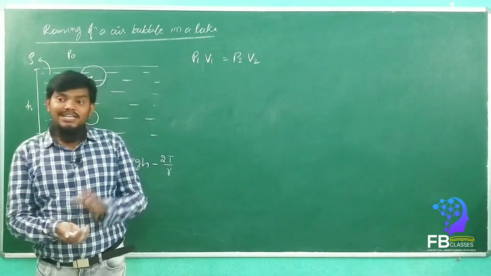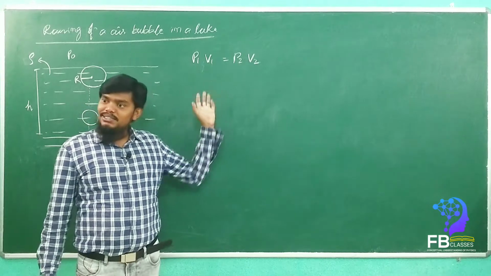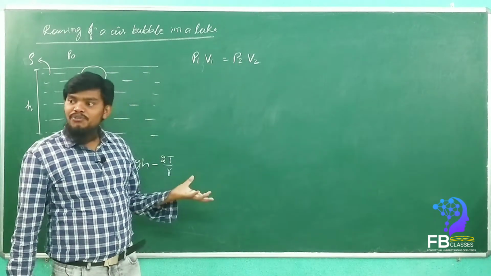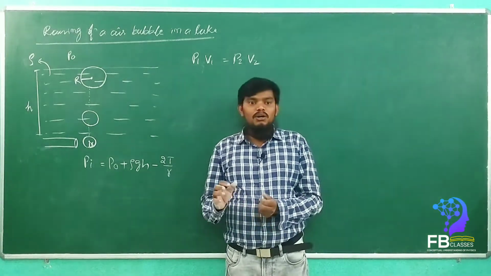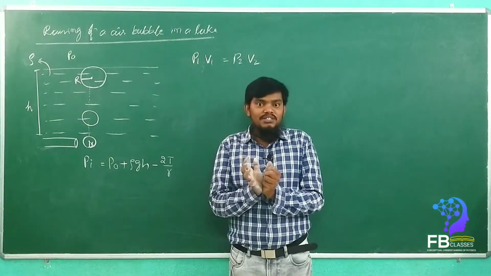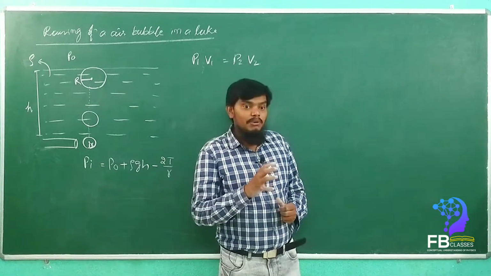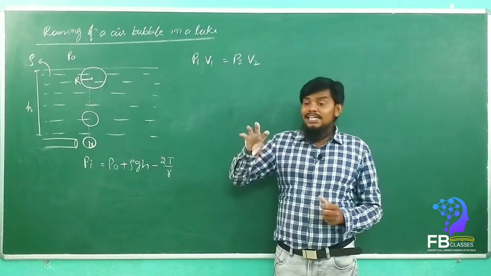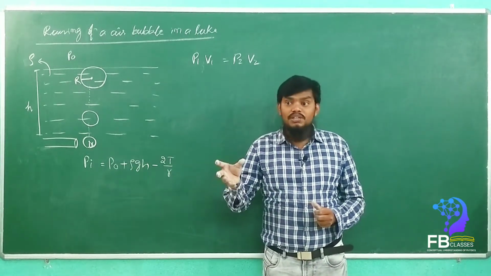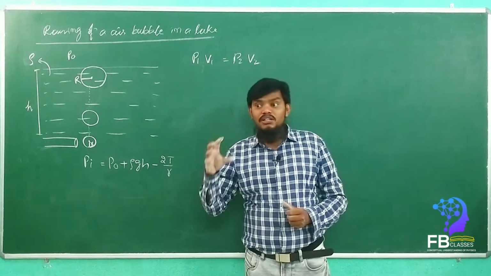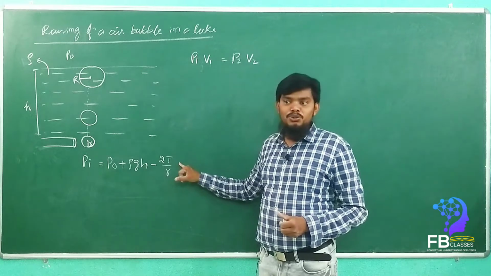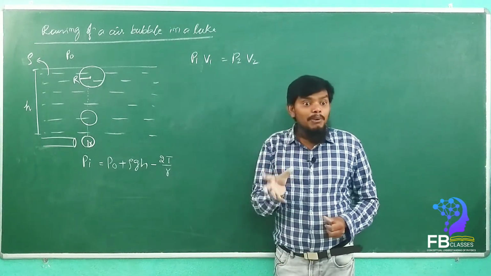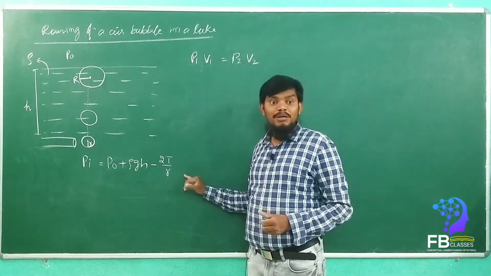Are you getting my point? Why did I say that in the previous equation? Instead of memorizing water drop and air bubble, most of the students memorize that if they hear the word drop, they directly write the excess pressure as 2T by r, and if they hear bubble, they directly write 4T by r.